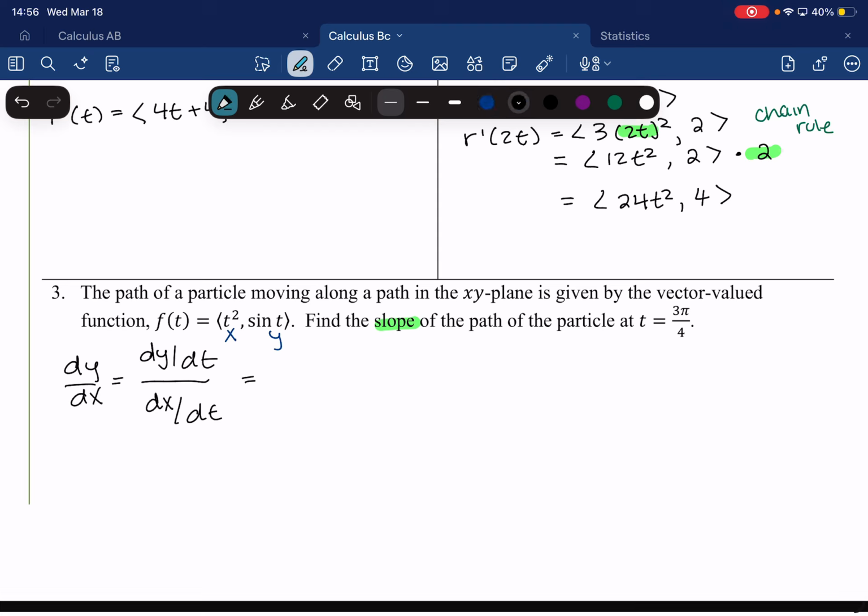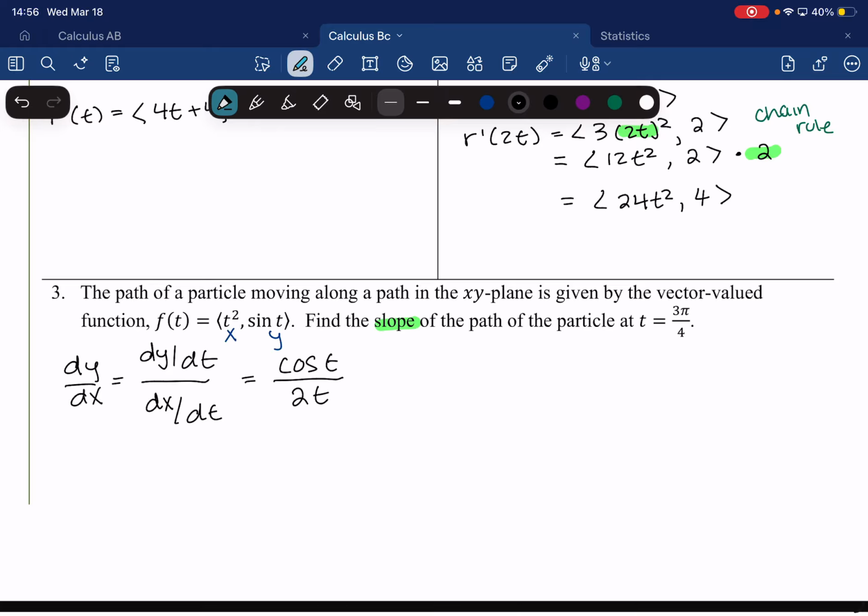And so if I'm taking the derivative of y, what would be the derivative of sine? Cosine, yep. And then if I'm asking for the derivative of x, and x is t squared, what's the derivative? 2t.